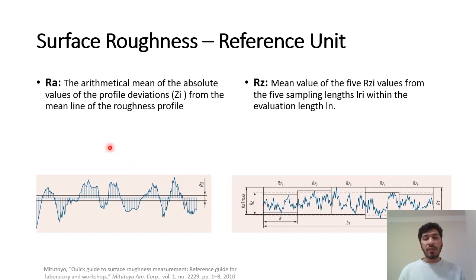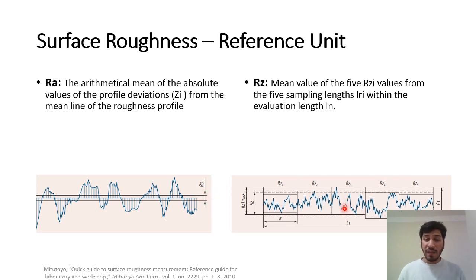In literature, we find most prominently two values, Ra and Rz. Ra is the arithmetical mean of the absolute values of the profile deviations from the mean line. So if this is the mean line for the graph of vertical displacements, then the arithmetic mean is the Ra value.